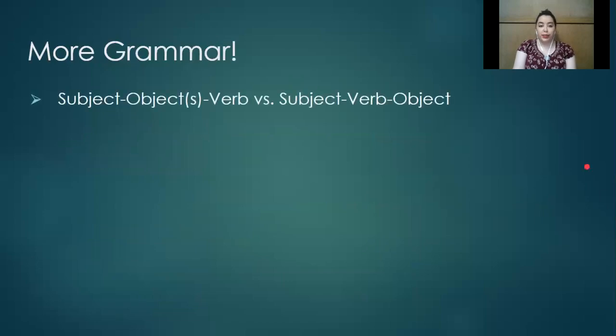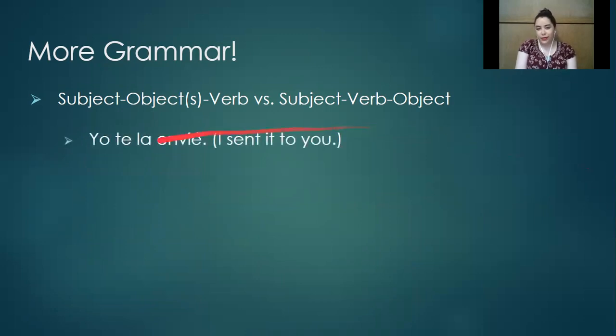There's also subject, object, verb versus subject, verb, object. So yo te la envié means I sent it to you. But if these words were translated literally, it would be I, you, it, sent. So the order there is different.